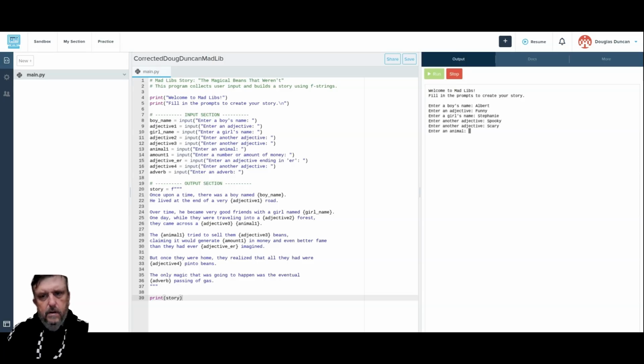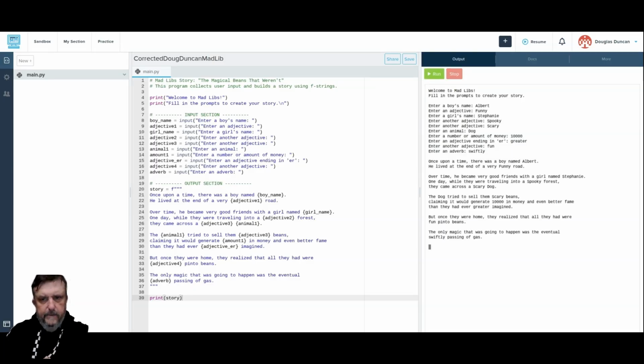Enter an animal. We'll go with dog. Enter a number or amount of money. We'll go with 10,000. Enter an adjective ending in ER. We'll go with greater. Enter another adjective. Fun. Enter an adverb. Swiftly.